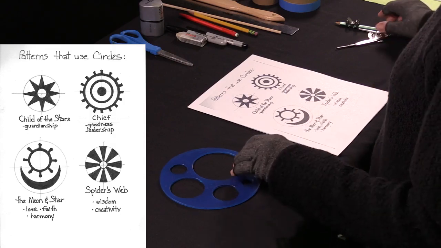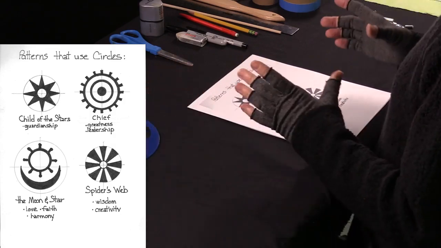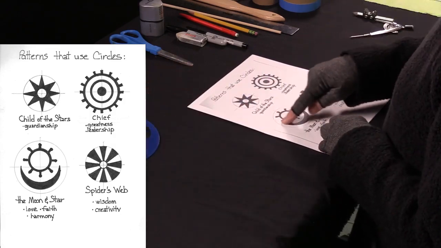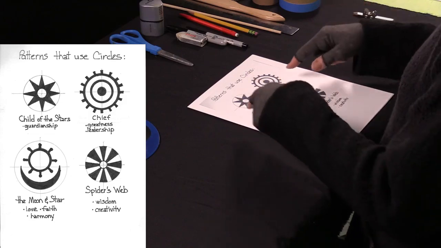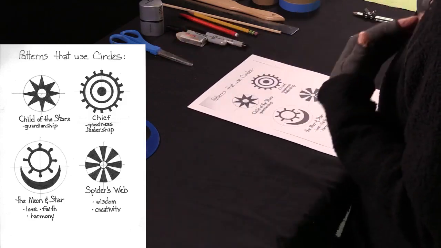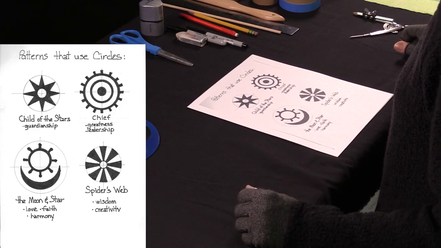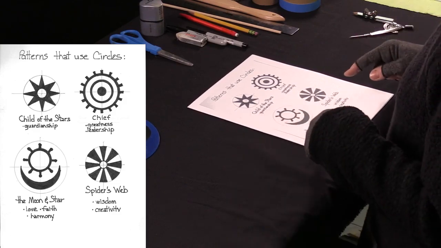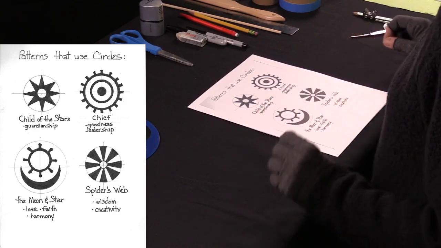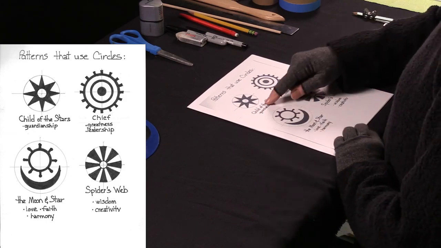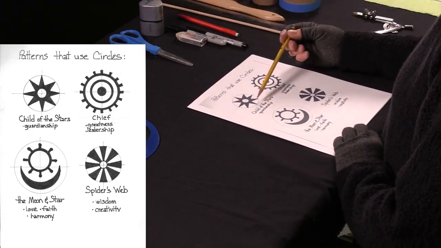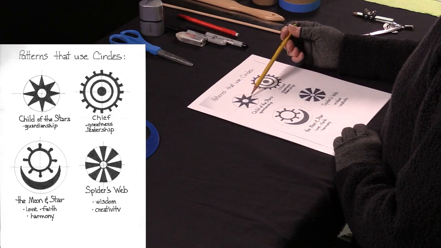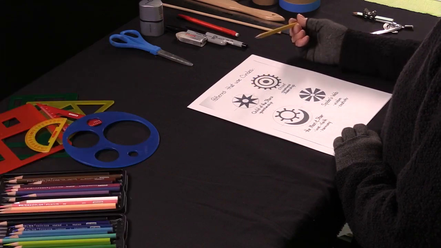So here are some patterns that we start with a circle. Here are some patterns that we use a circle to help us draw our symbols. Do you see how the circle helps us contain the star perfectly?